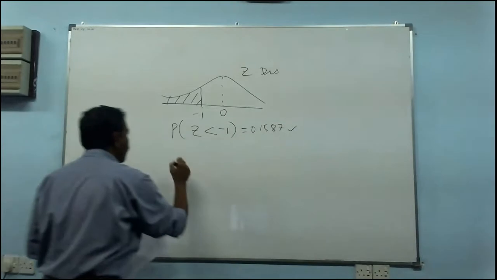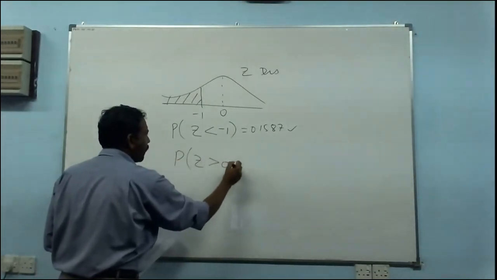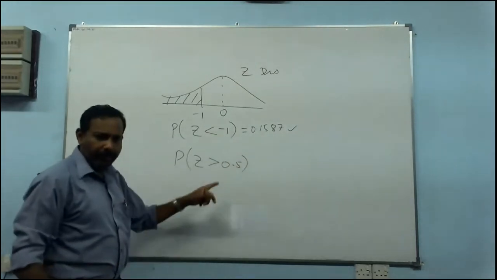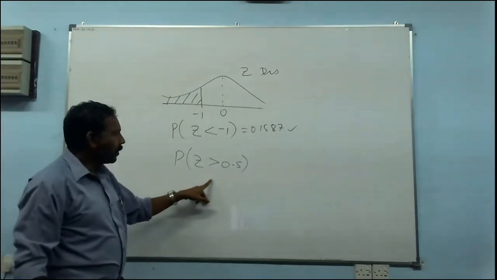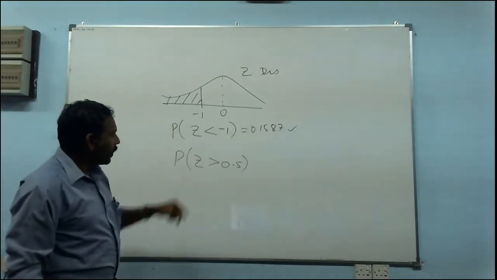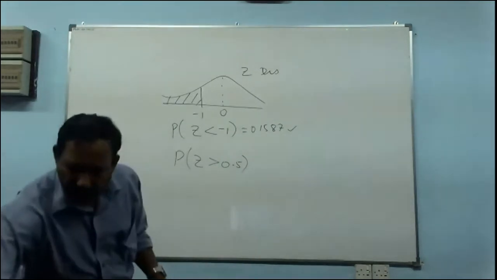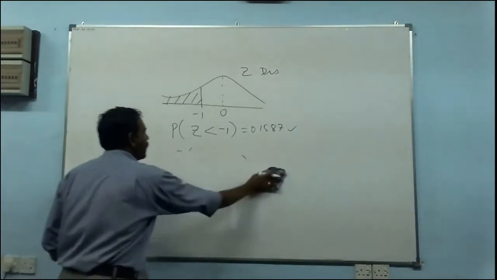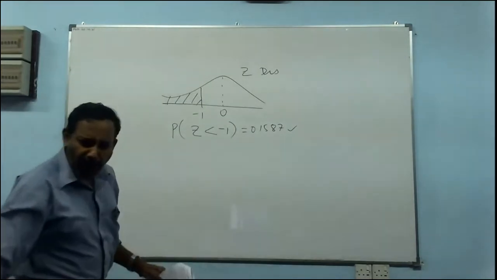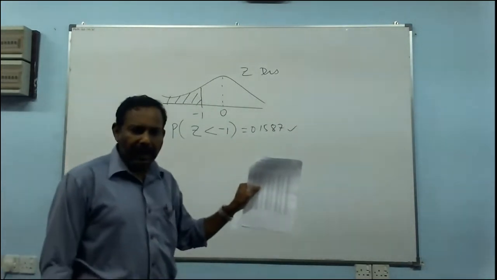Did I talk about something like this? Probability of z greater than 0.5. Two different things. No, because I couldn't remember exactly. Now we can find all the values on the left side by simply reading the table.